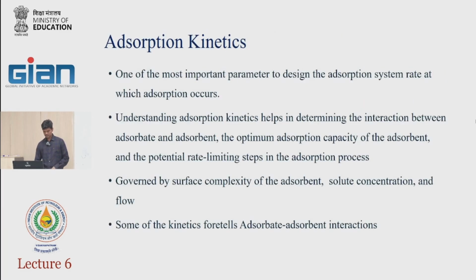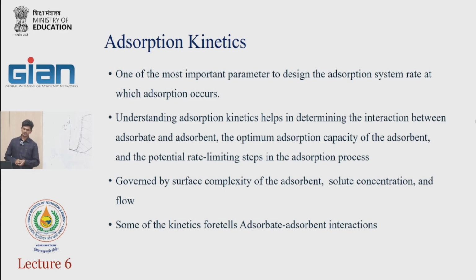Okay, then we look into the adsorption kinetics when a batch process like this happens. As we discussed, one of the most important parameters is the rate at which the adsorption occurs. Adsorption kinetics helps in determining the interaction between adsorbate and adsorbent, the optimum adsorption capacity, and potential rate limiting steps.